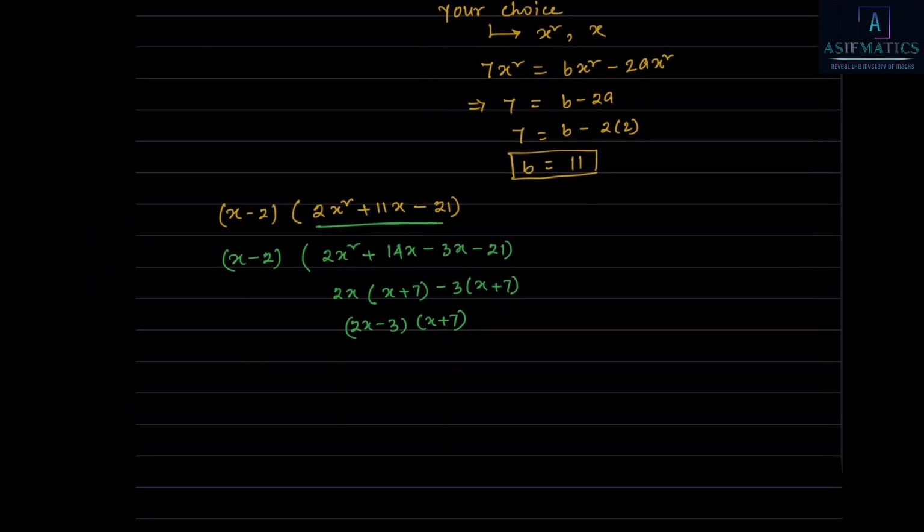Finally we have our result, the complete factorization. So the complete factors for this polynomial will be x minus 2, 2x minus 3 and x plus 7. So the problem is solved. This is the coefficient equating system.